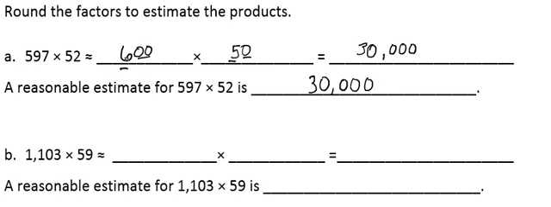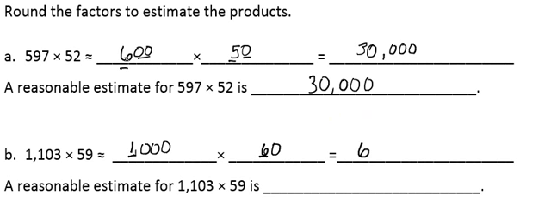Looking at the next problem, I have 1,103 times 59. 1,103, if I round it to the nearest thousand, would be 1,000. 59, rounded to the nearest 10, would be 60. And if I take 1 times 6, I get 6.